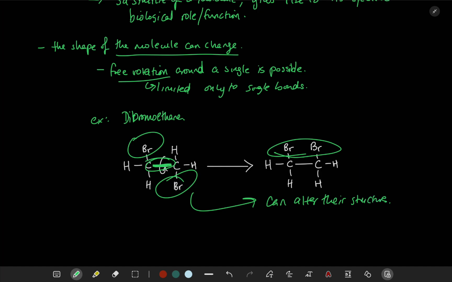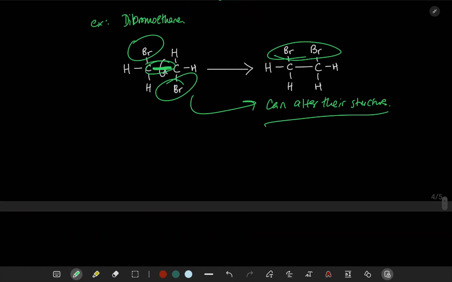right? And that's very important, especially in biology, because the human body and the biological environment are not always stable, right? It's ever flowing, and so molecules also have to be able to move and adapt to those conditions as they change. That's a very important point.